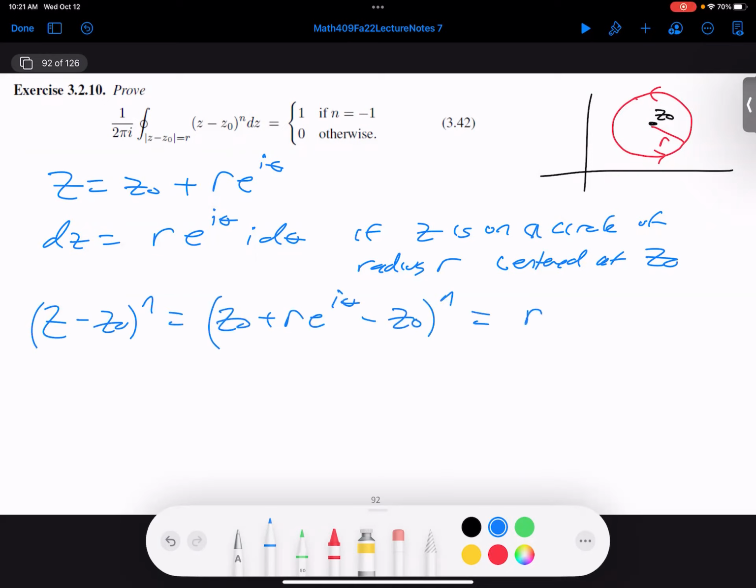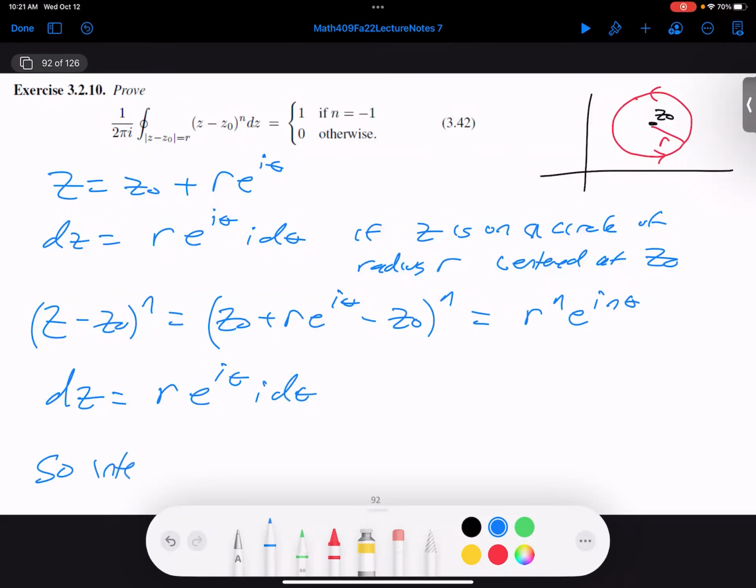This is r to the n e to the i n theta. And the other one, dz, is going to be r e to the i theta i d theta.